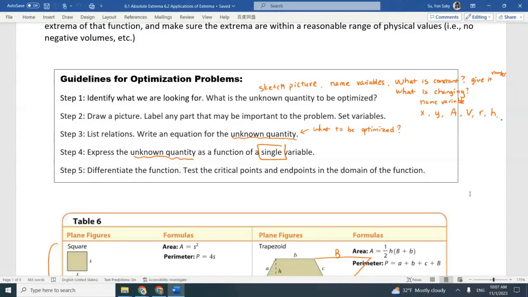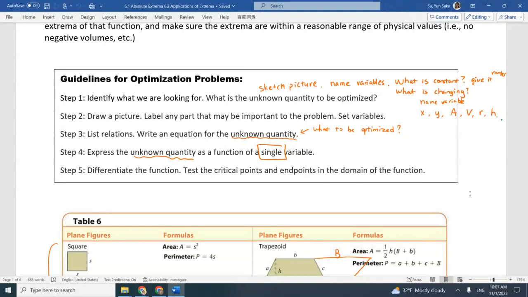Okay, and then you list the relations. Sometimes you might have more than one relation, so you want to substitute. Let's say if your function has two or three variables, you find some relations so that you can eliminate some of the variables. So your goal is to express your unknown quantity as a function of a single variable.